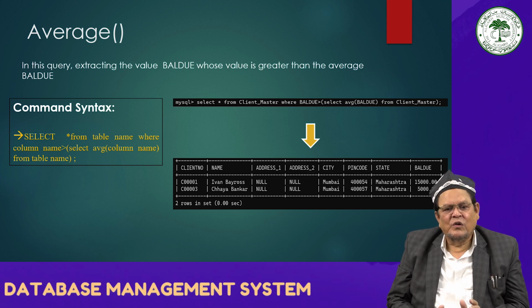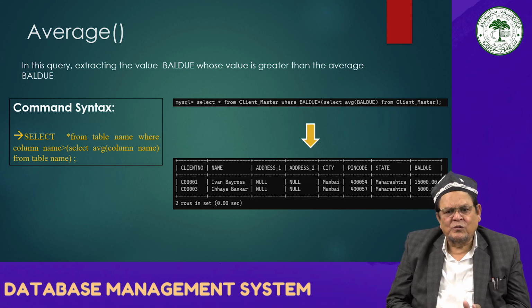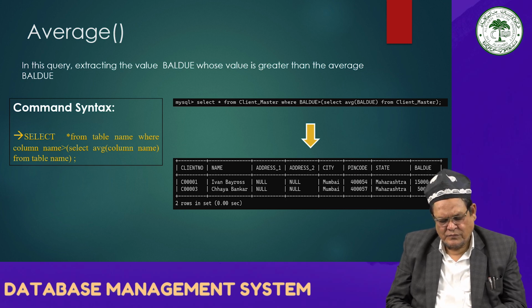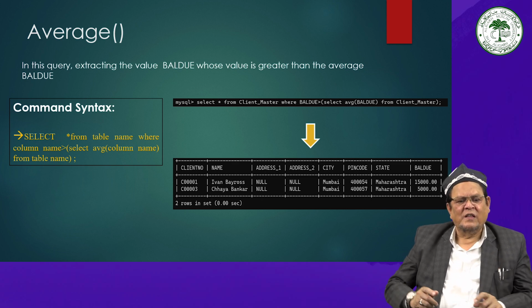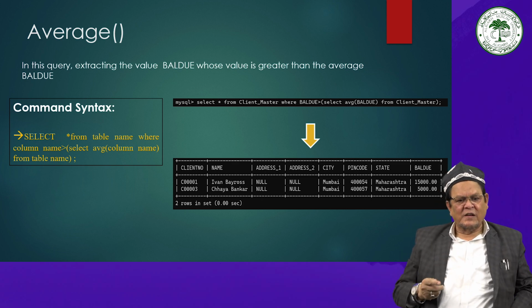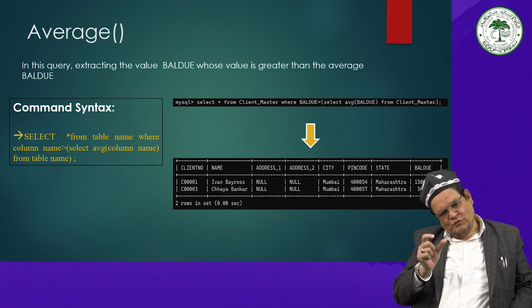Suppose you want to know the values in the attribute balance due whose value is greater than the average value. Then how do you write? Select star from the table name where column name is greater than, and then within the brackets you have to write select average. You have to give the average.